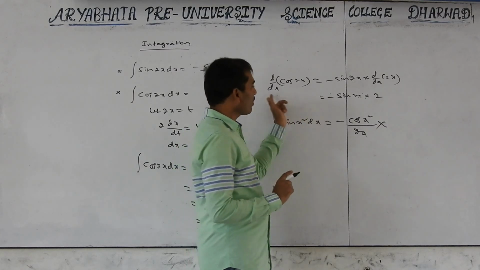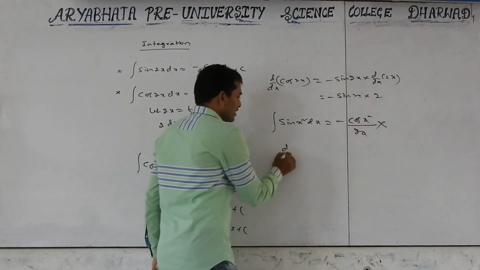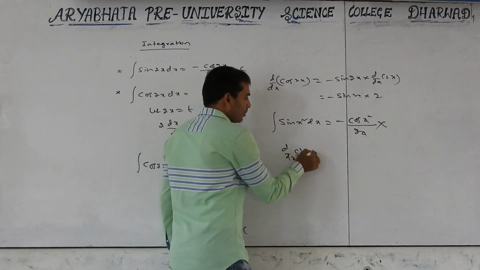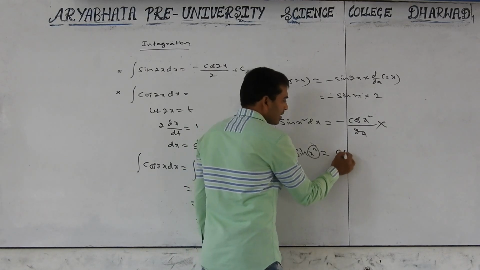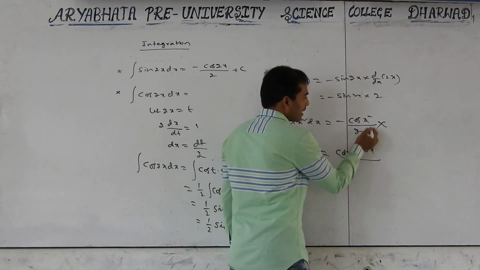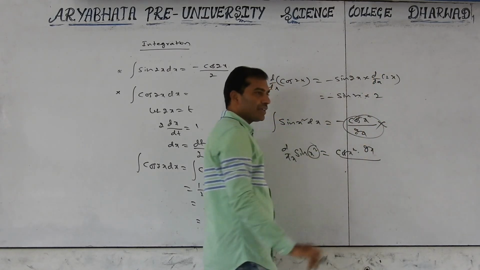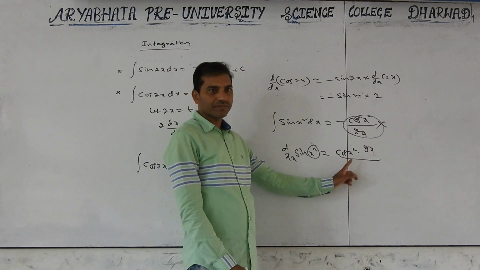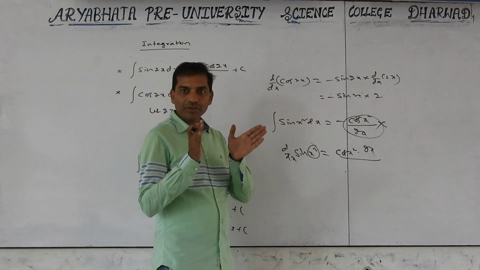That is the difference between differentiation and integration. For differentiation, for all problems there is only one method. If it is sin x square, d by dx of sin x square: how to differentiate? We consider this as x. Sin x square differentiation is cos x square into d by dx of x square, which is 2x. This concept works for all composition functions in differentiation, but in integration it is not like that. In integration there are particular restrictions.